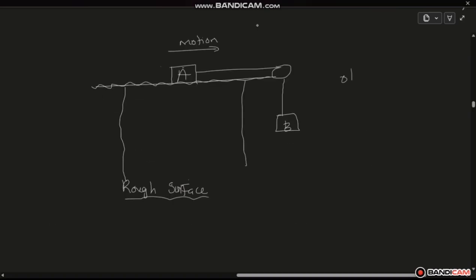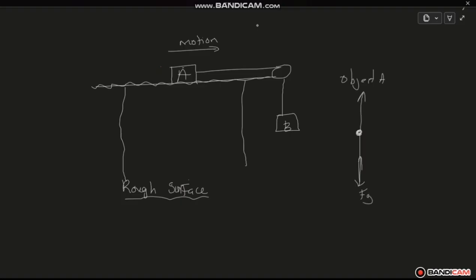Suppose you are given a table like this, so let's show you how to show the F net of object A. You draw a free body diagram, use your ruler, you have FG, and here we have FN. Then what again do we have?